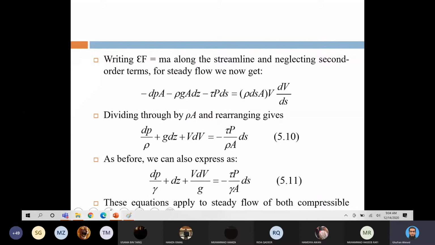As you can see, this force equal to MA, this is the pressure force, this is the weight force, and this is basically the shear force. Okay, I will not derive this equation because it is same thing. The only thing is an addition of this shear force.